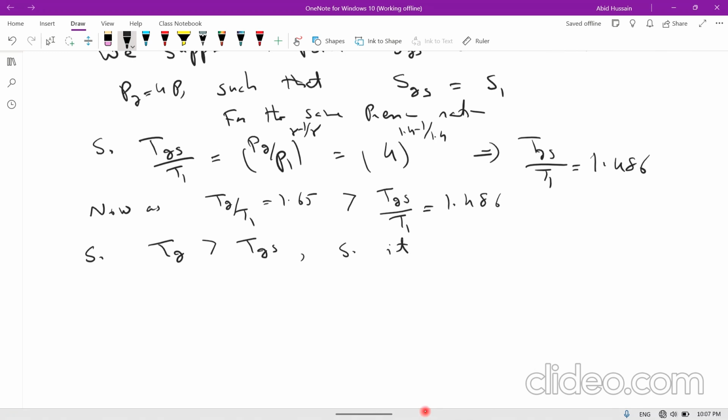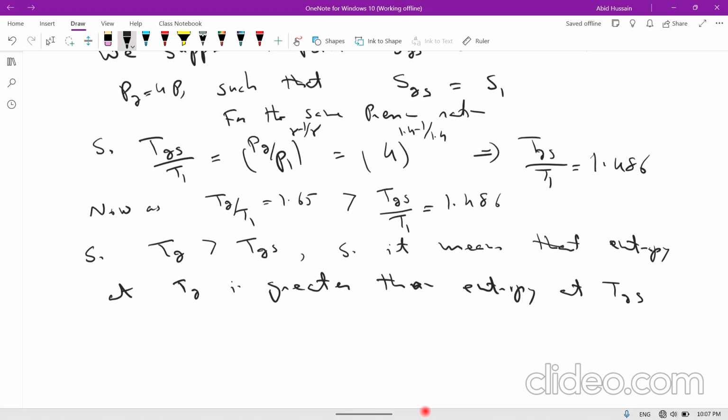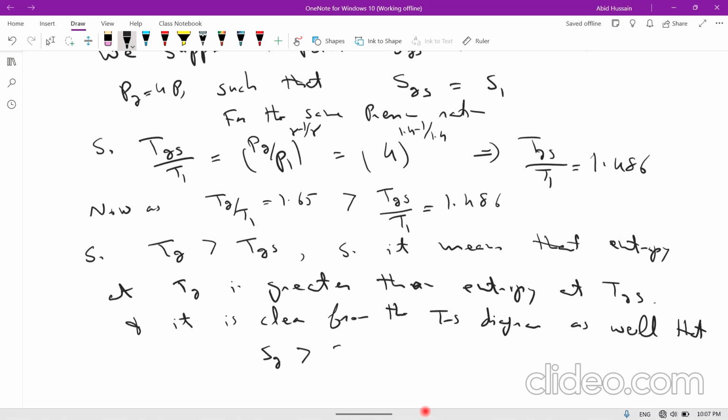So the entropy at point 2 is greater than the entropy at 2s, and it is clear from the TS diagram as well that S2 is greater than S2s.